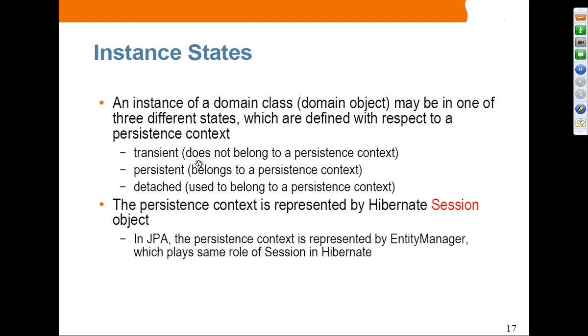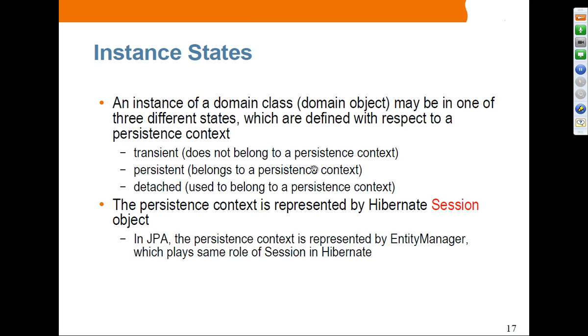The transient state does not belong to the persistent context. In the persistent state, the object belongs to the persistent context, and detached used to belong to the persistent context. So a domain object could be in one of these three states. We're going to see these things in an example in a few minutes. So if you don't understand what I'm talking about, don't worry about it.